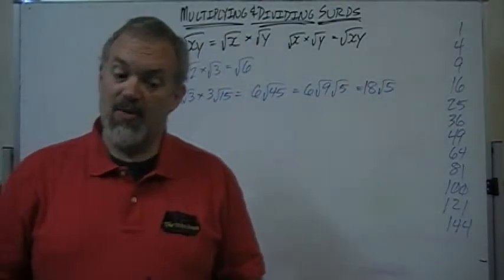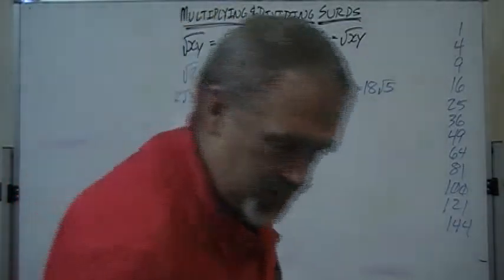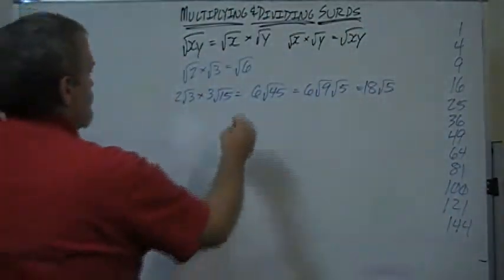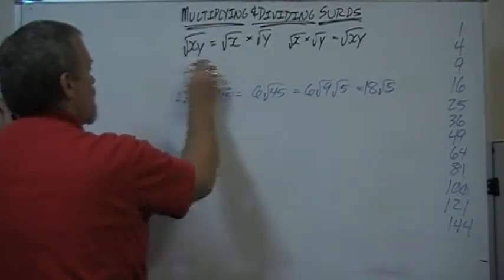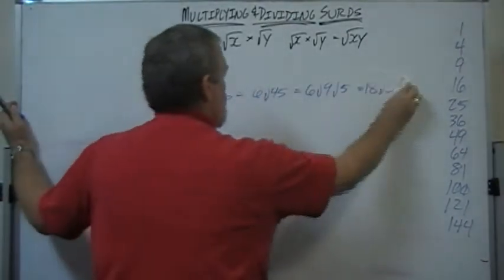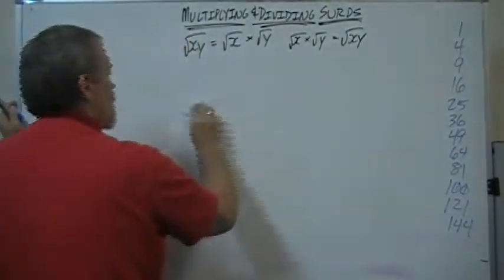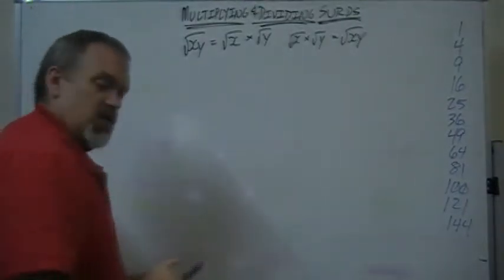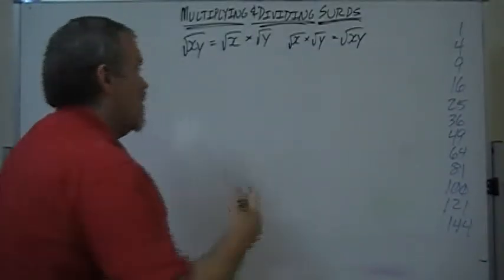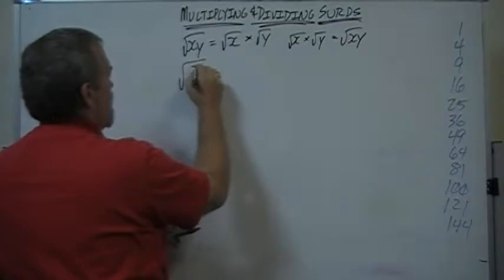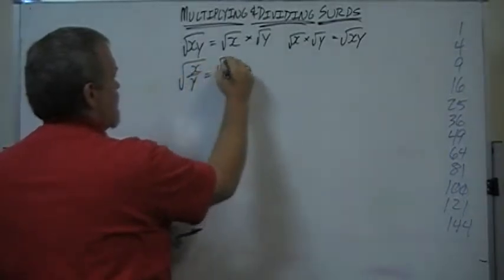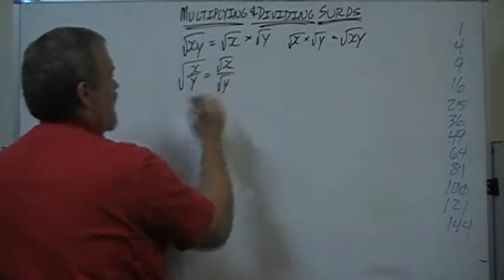We can do a similar thing when we're dividing surds. So when we're dividing surds, you'll recall that the rule was the square root of x over y is equal to the square root of x over the square root of y.